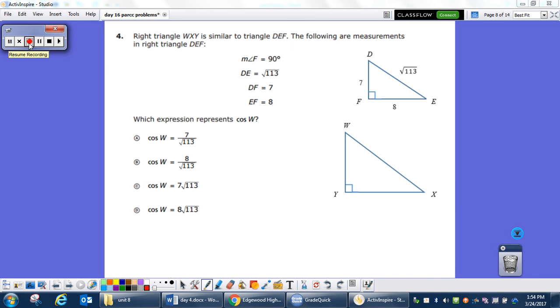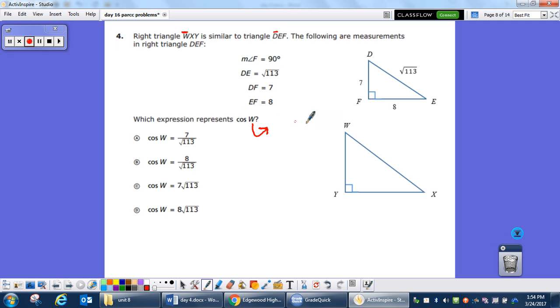All right, moving on to number 4. In number 4, you have right triangle WXY is similar to triangle DEF. The following are measurements in the right triangle. So I will let you know that I have redrawn the triangle. The Park only gave you these. I have provided you a sketch. Okay? So since the triangles are similar, if it wants you to find the cosine of W, that's going to mean whatever W corresponds to is the same.